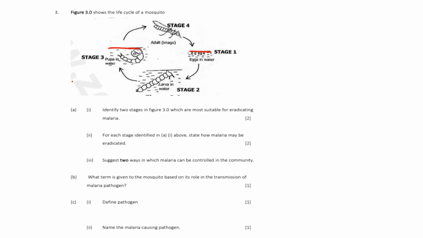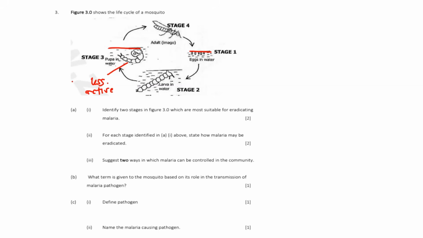Then after the larval stage it goes to the pupa stage, which is stage 3. Here you find that it is less active compared to the larval stage.